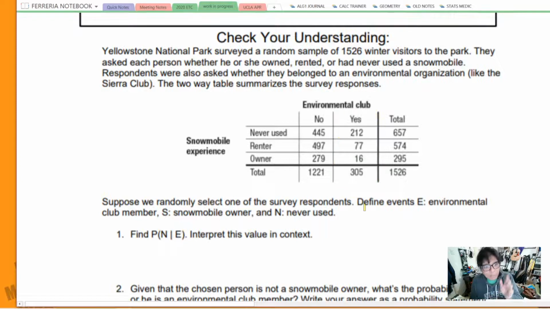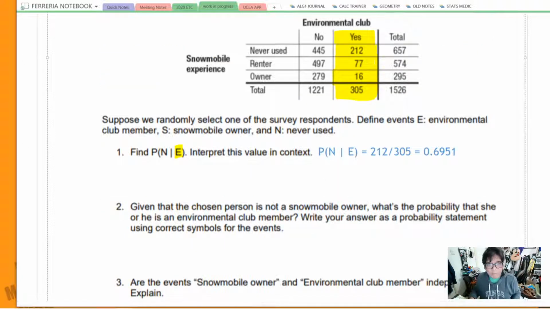If I'm only looking at that E column, the environmental club member column, the number of people who have never used a snowmobile is 212. So the probability of N given E is 212 out of 305, which is about 0.6951.